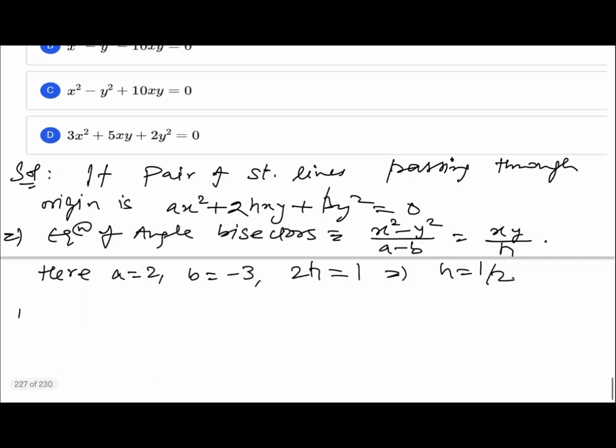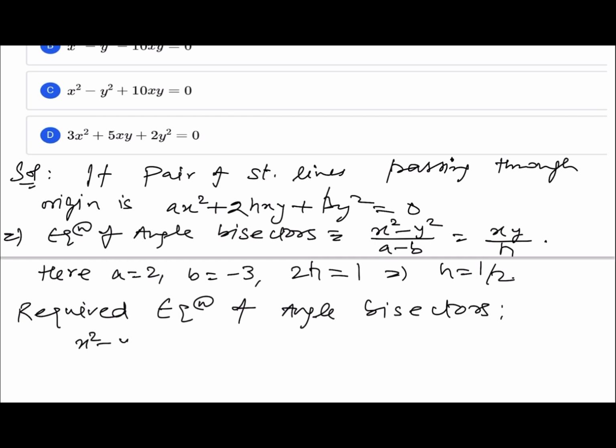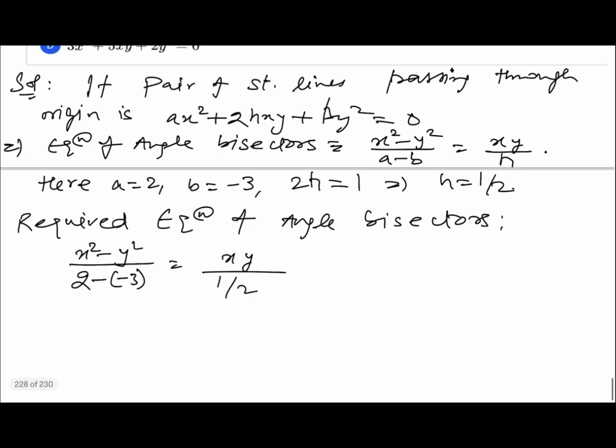So the required equation of angle bisectors: x square minus y square upon a minus b is equal to xy upon h, right?